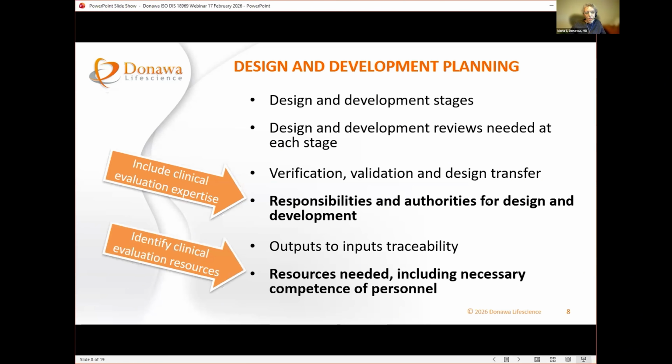The other place where you can identify clinical evaluation, or where it is useful and productive to do that, is when you are defining your resources, the necessary competence of personnel. So again, during the planning phase, in an ideal world, this is when you're talking about that, and you are including these people at that point.